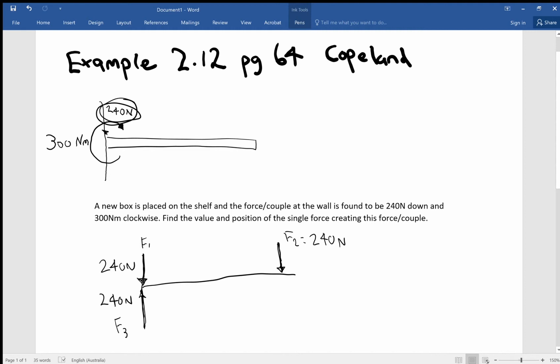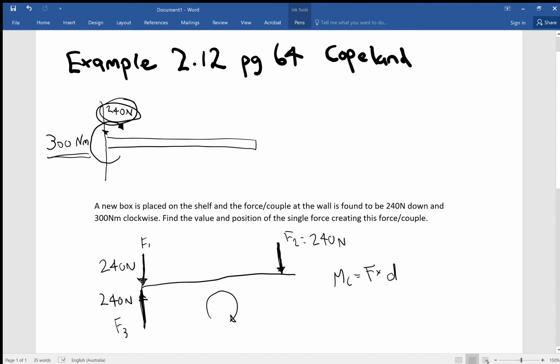So we now know that we've got this force F2 pushing down and this reaction force at the wall pushing up, which creates our couple, which we know the value of because that's here, 300 Newton meters. So we take our formula, which is the moment of the couple is equal to force times distance.